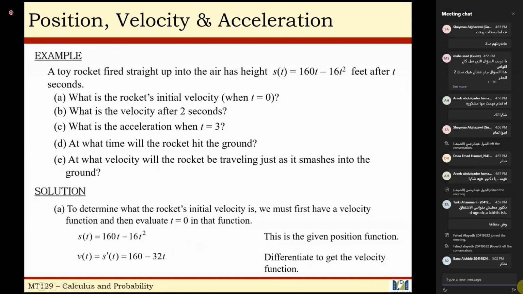Now, a toy rocket fired straight up into the air has height S of t, the equation of the height from the ground.